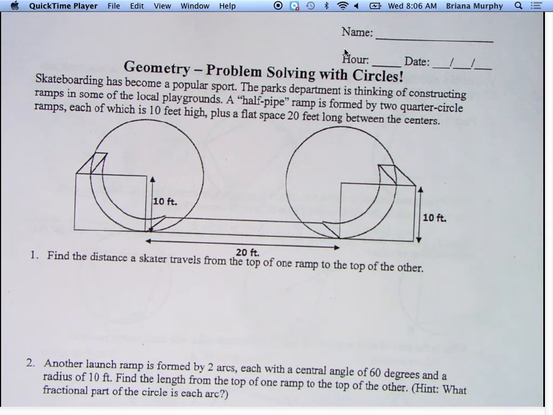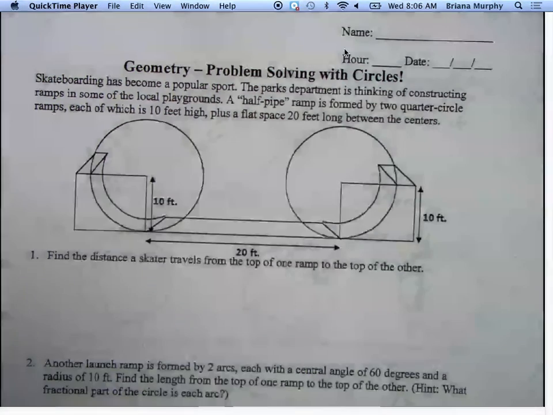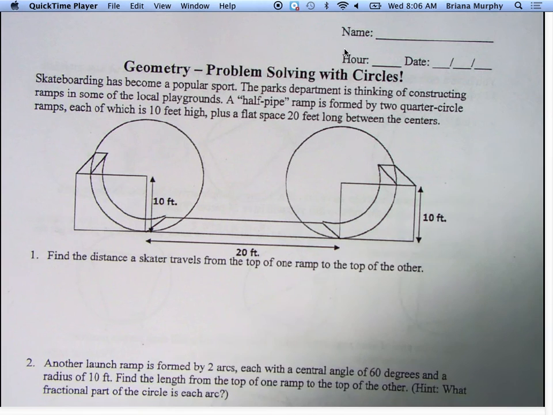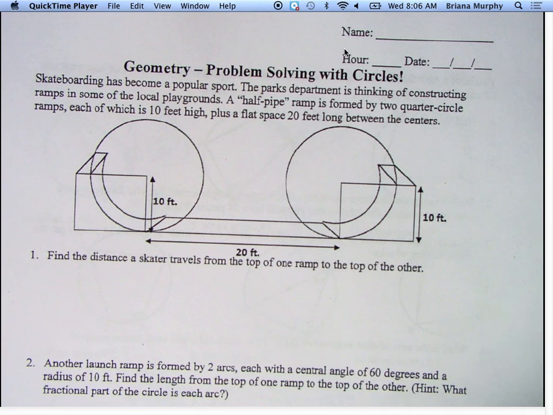Another launch ramp is formed by two arcs, each with a central angle of 60 and a radius of 10. Find the length from the top of one ramp to the top of the other. What fractional part of the circle is each arc?